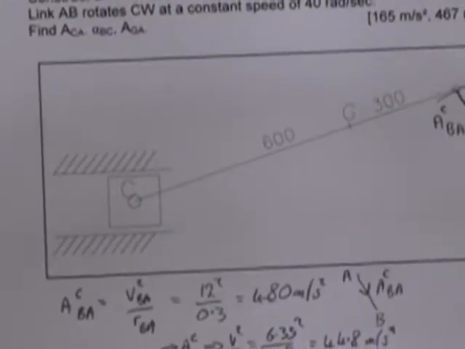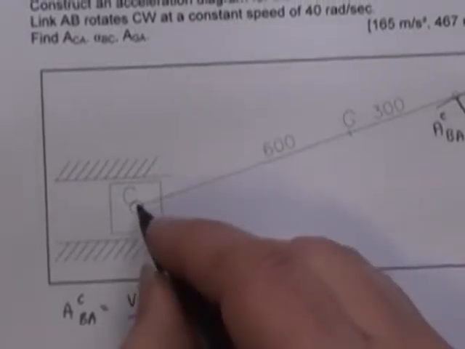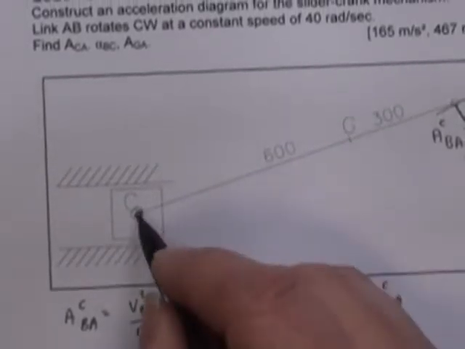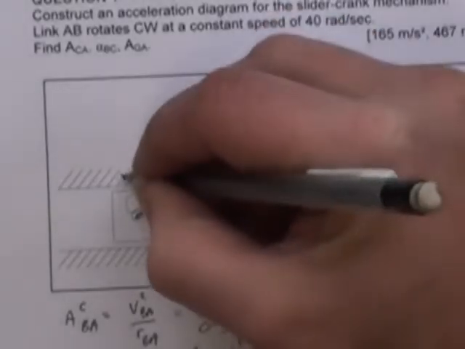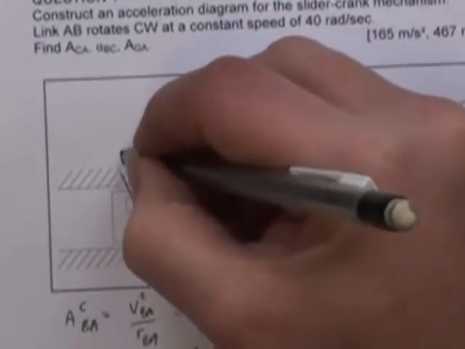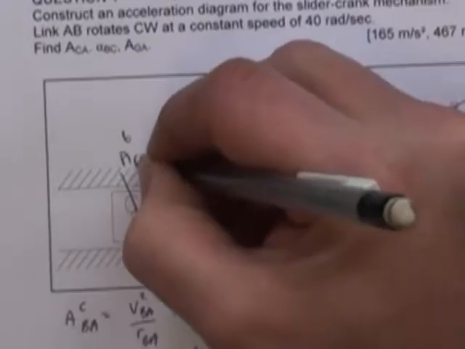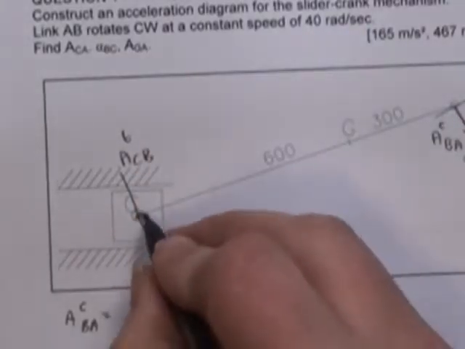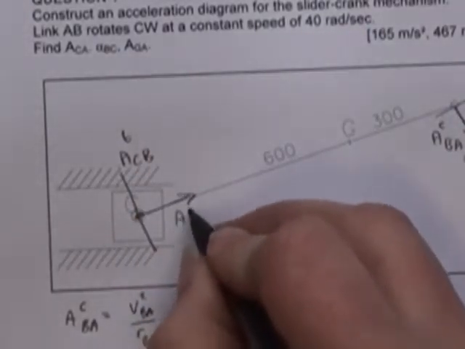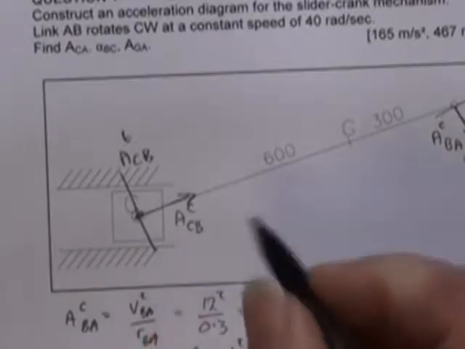Since CB is a link, C will have two accelerations: a tangential acceleration, AT of CB, and a centripetal acceleration, AC of CB.